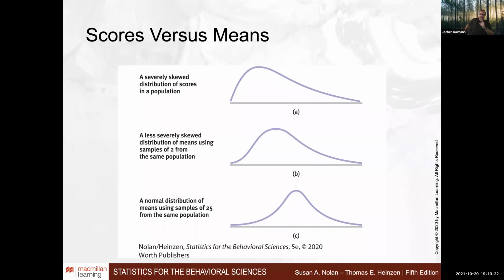So if you have larger samples and you are looking at the distribution of the sample means, you will more likely have a normal distribution if you have a sample of 25 from the same population.